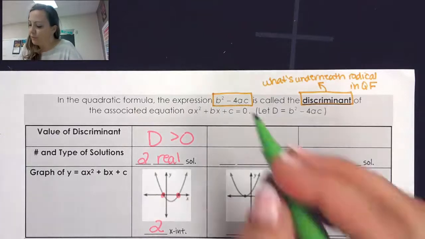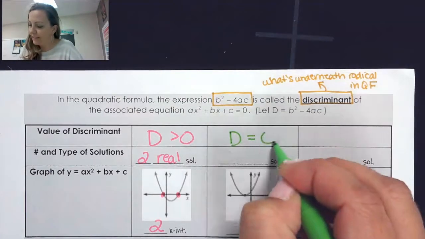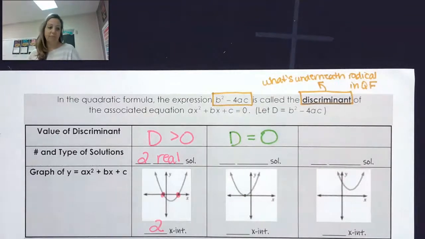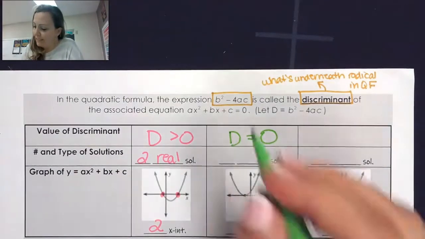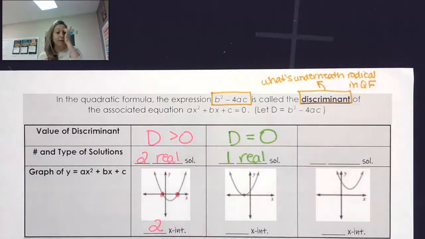Now there's also sometimes when our discriminant is equal to 0. And if our discriminant is equal to 0, that means that we'll have one real solution.